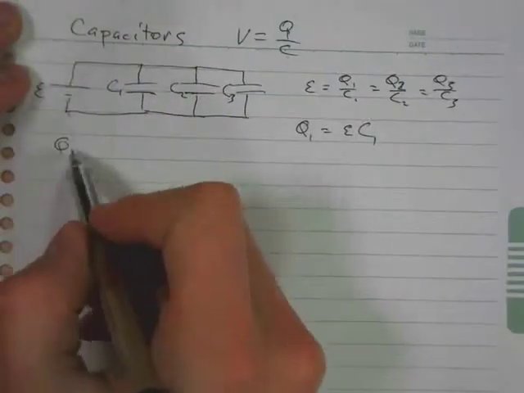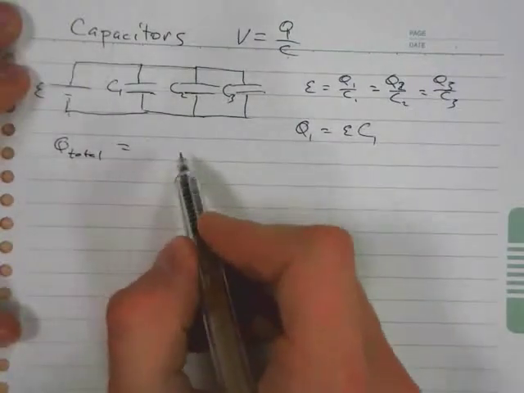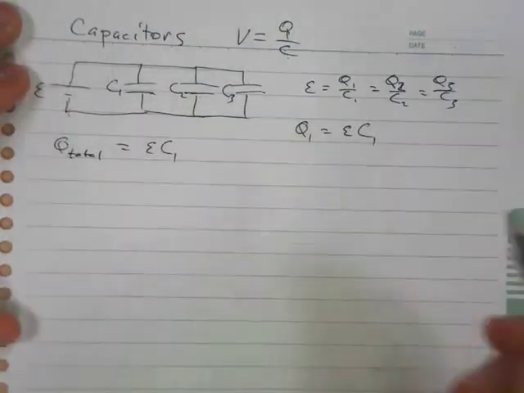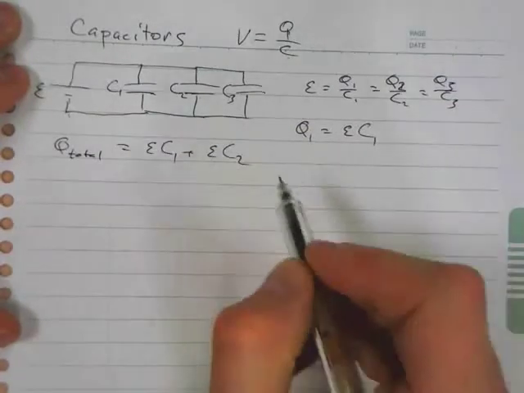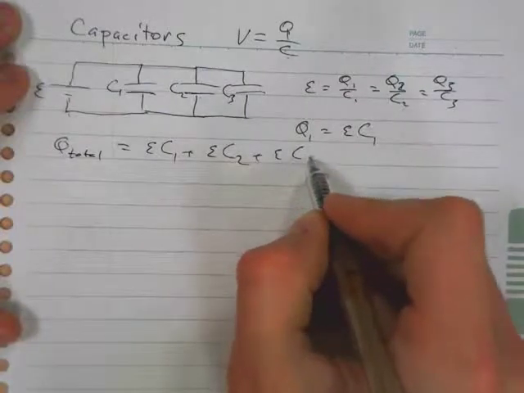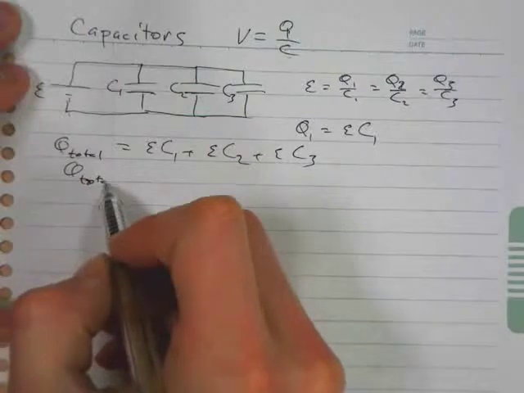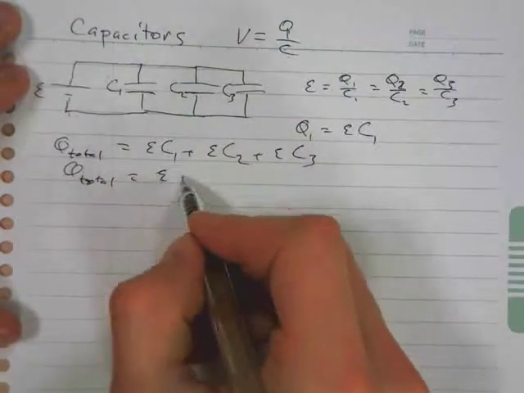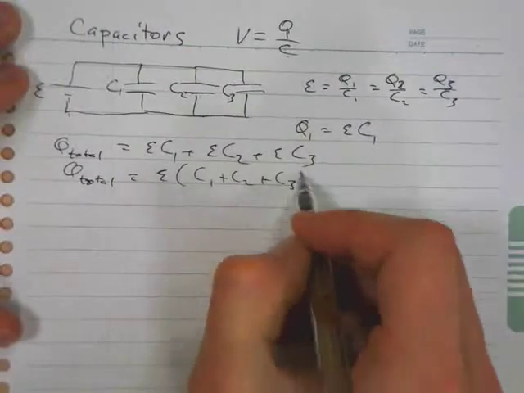So we can say the total charge of the circuit is Q1, which is epsilon C1, plus Q2, which comparatively is the EMF times the second capacitance, plus the EMF times the third capacitance. So the total charge, again, is the voltage drop across the battery times C1 plus C2 plus C3.